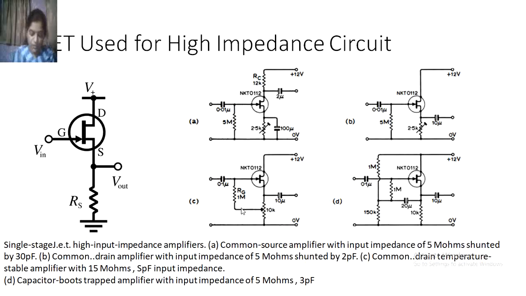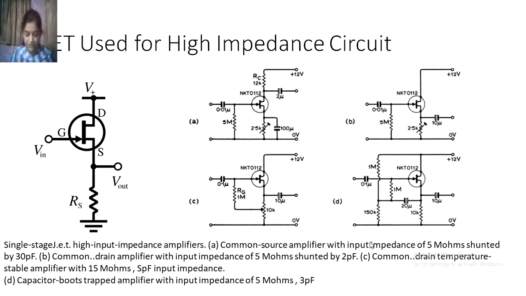Because the gate resistor network has a relatively low DC resistance, circuit C gives temperature stable amplification. Then next, D is the capacitor bootstrapped amplifier with input impedance of 5 megaohms with 3 picofarad capacitor.